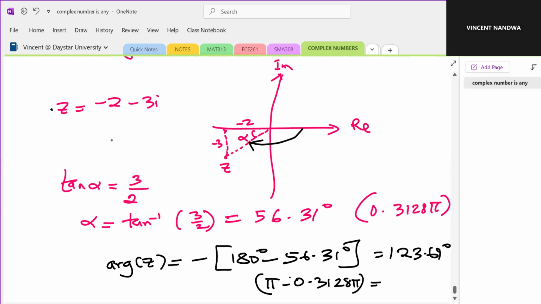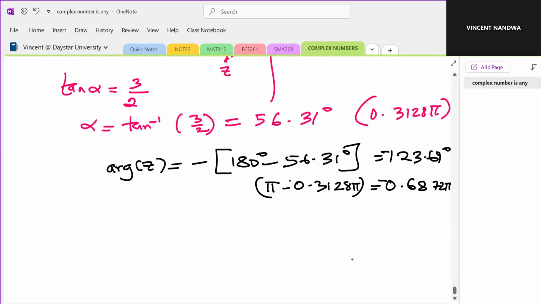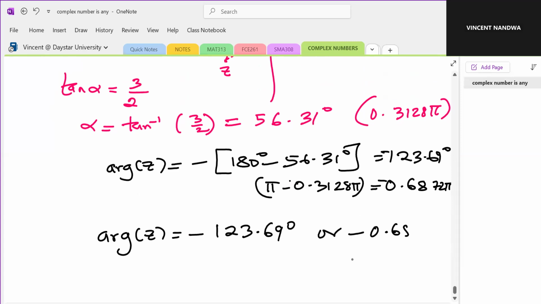If you want to put your angle in pi, then you have 0.6872 pi radians. But all these are negative, because we're measuring in the opposite direction. So the principal argument will be minus 123.69 degrees or minus 0.6872 pi.